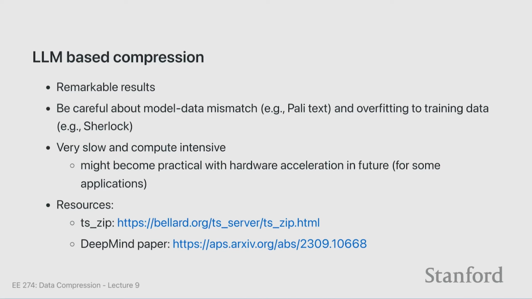Can I add a point? Yep. Something to notice here is why LLMs even work. In machine learning you want to be careful about overfitting and avoid it. But for compression's sake, if you come up with a model which is really overfitted on whatever you are compressing, and the model is shared, it's actually a good thing. It's not a bad thing.